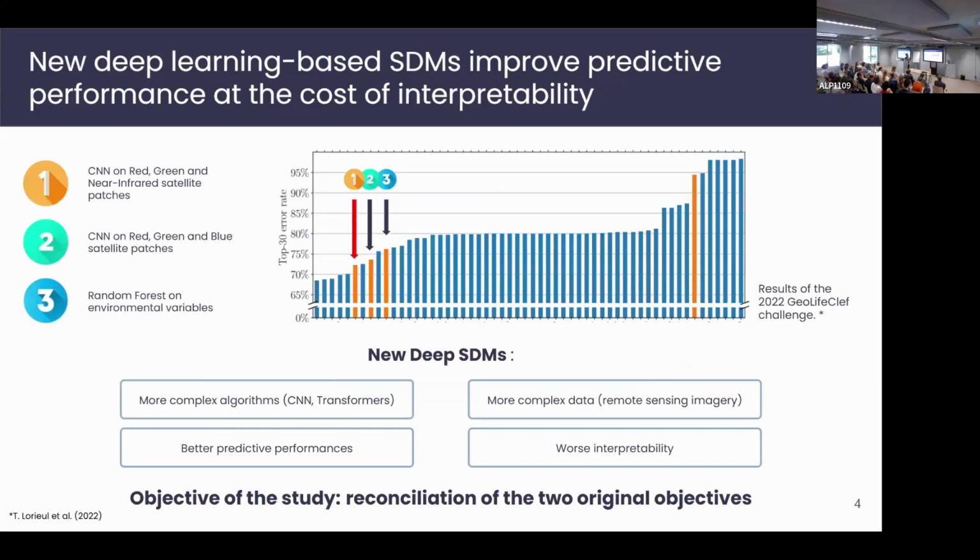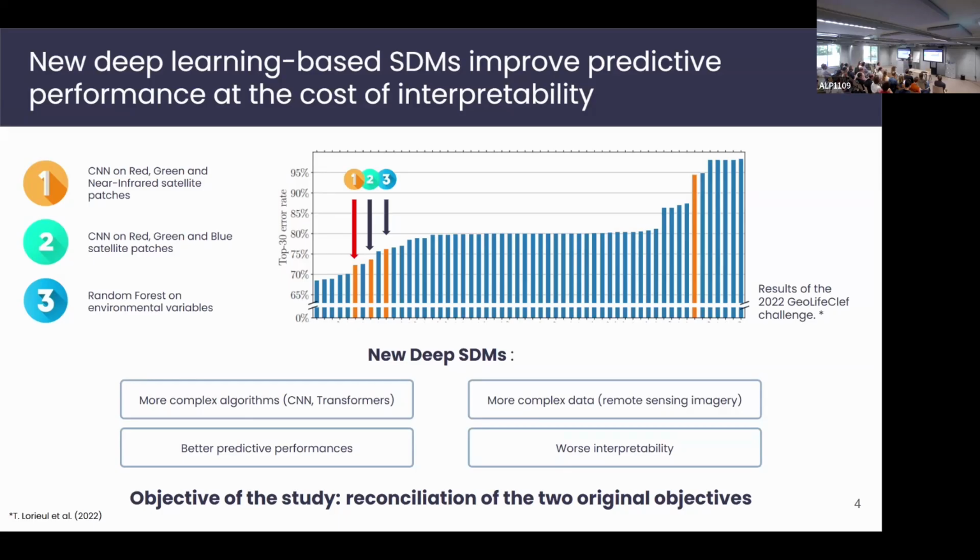Maybe some of you know this graph. This comes from the 2022 GeoLife CLEF Challenge, and the orange bars are the baselines. We see that the third one is a random forest trained on environmental variables.